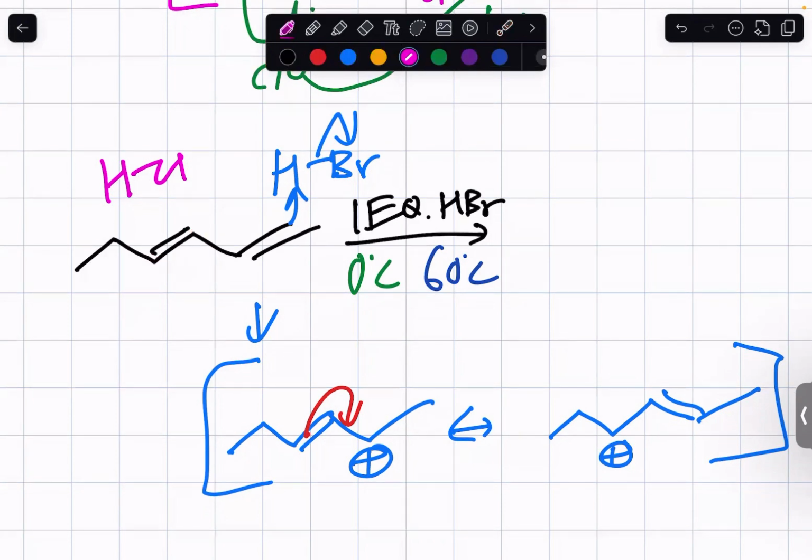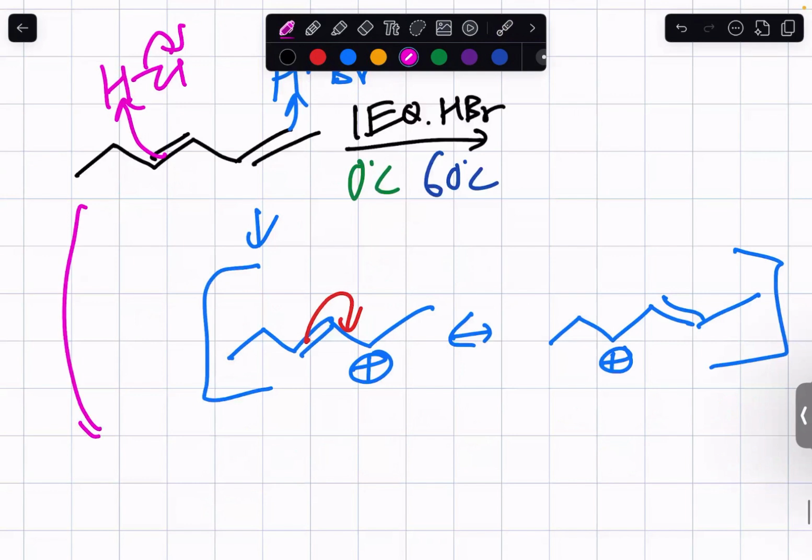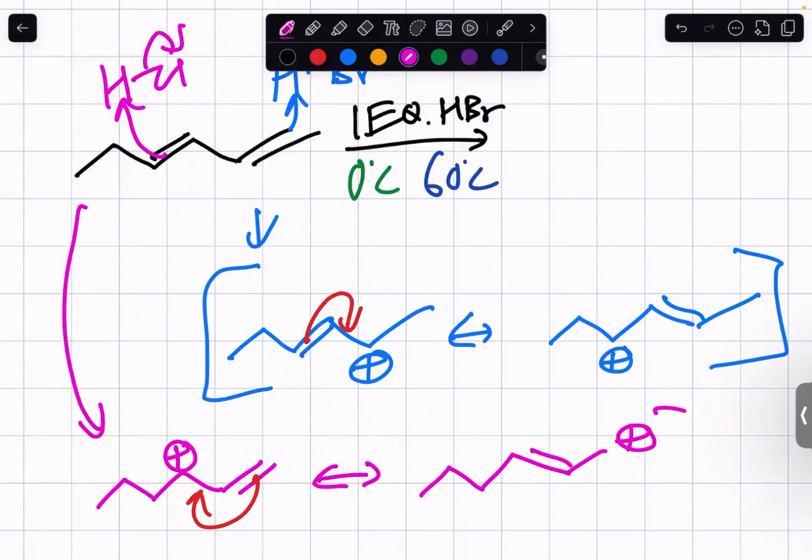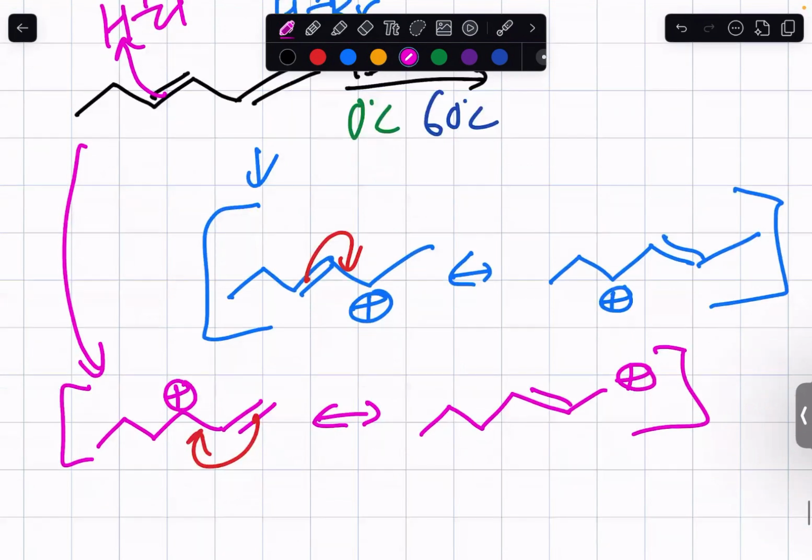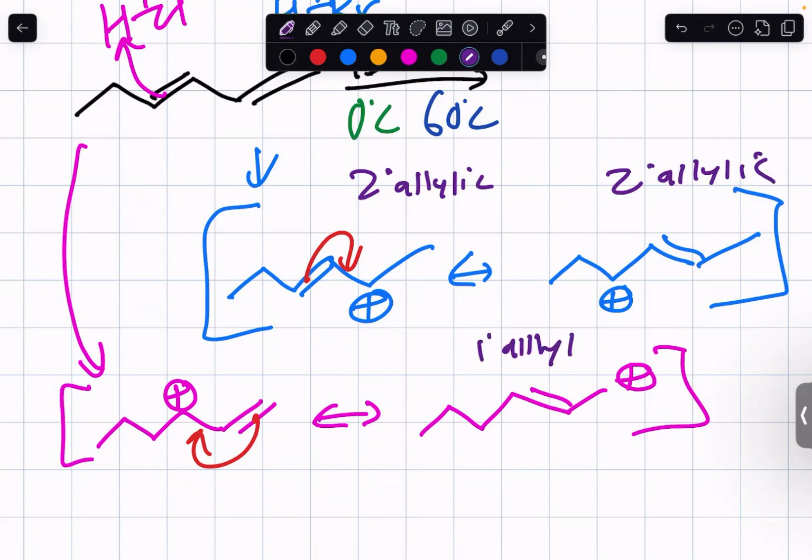So we're going to attack the hydrogen using that carbon, kick out the chlorine, and get the carbocation at B, because it can do resonance with the double bond to give us this resonance set here. Okay, now let's analyze the carbocations. Secondary allylic, secondary allylic, primary allylic, secondary allylic. Which one do you guys want to keep?